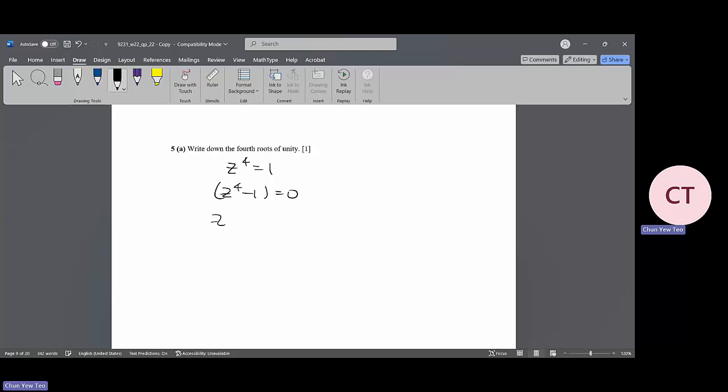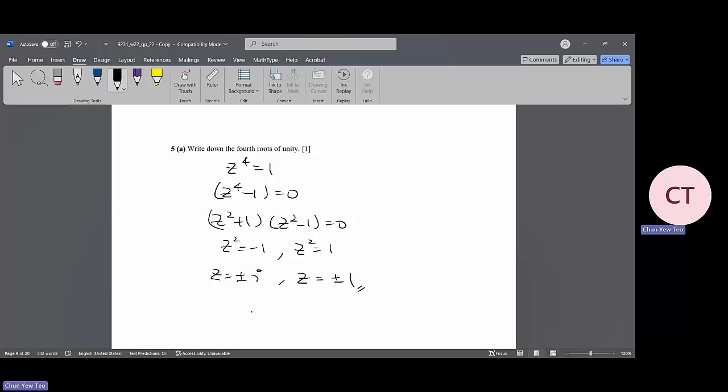We know it's z squared plus 1, z squared minus 1. Then z squared is negative 1, or z squared is 1. So z will be plus minus i, and z will be plus minus 1. Done. These are the 4 roots of unity.